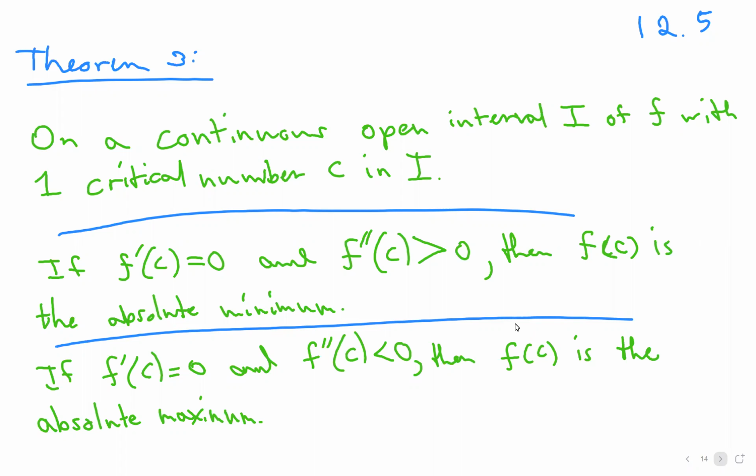And so that one critical number implies that we can test this point as well as the endpoints, and we'll know from how the function is shaped with that one critical number that there's no change in the second derivative on either side of it. That critical number allows us to say that there are no other points which can reach the same minimum or maximum as this f of c value has.